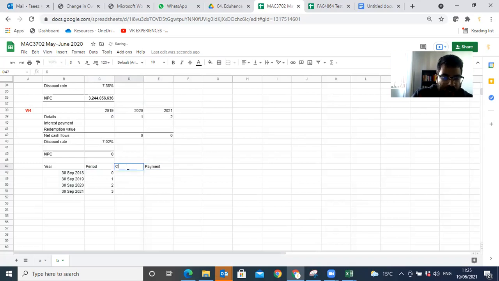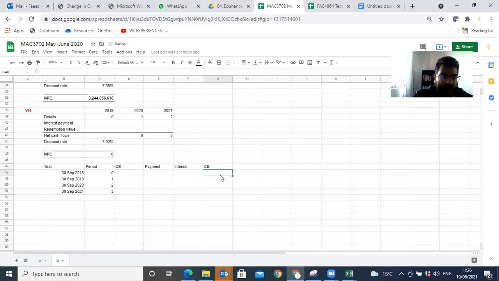So if I have opening balance, payment, interest, and then this would be closing balance.